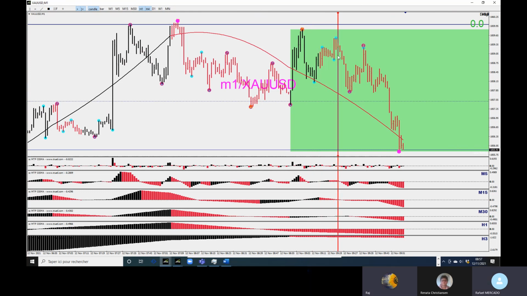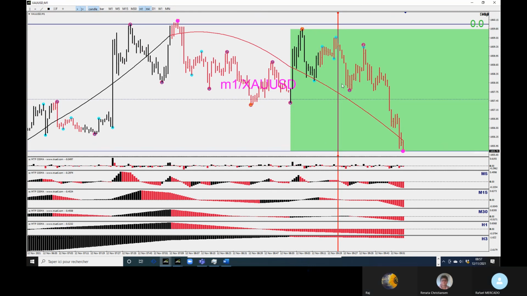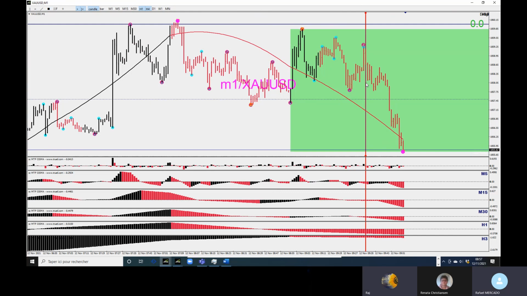M30 is no. So where does it line up? It'll be after the 2-ball, because you're in a 2-ball retracement. Here. Good.